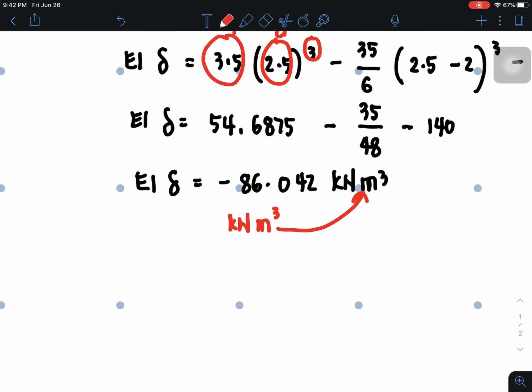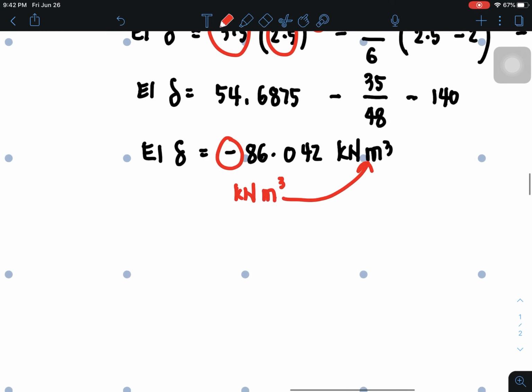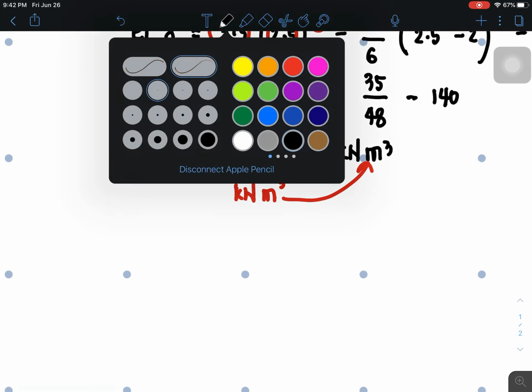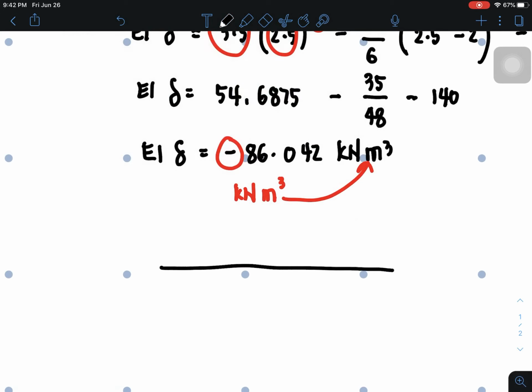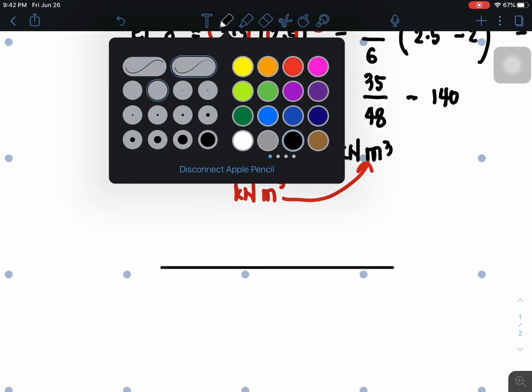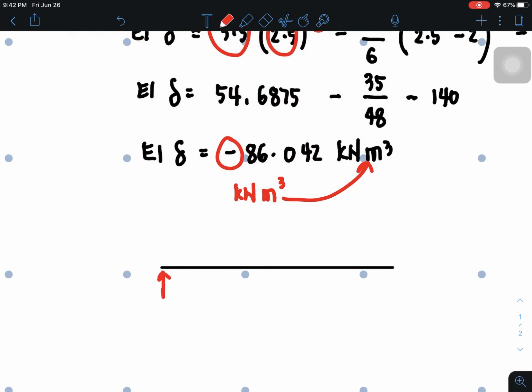And why is it negative? Because of the position of the beam. This is the beam, and we have reactions R1 and R2.